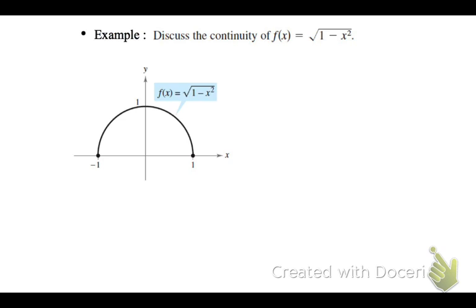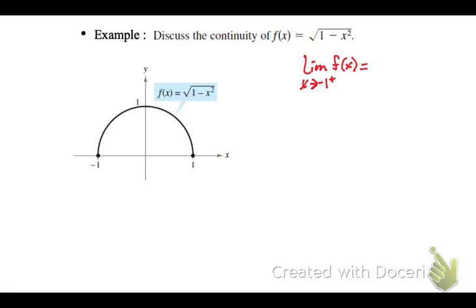Okay, this one just says discuss the continuity on the interval now of -1 to 1. Continuous. Okay? There are no breaks. So let's see. We're going to test it. It told me the limit as x approaches -1 from the right of f of x, we have to have some equal things, right?